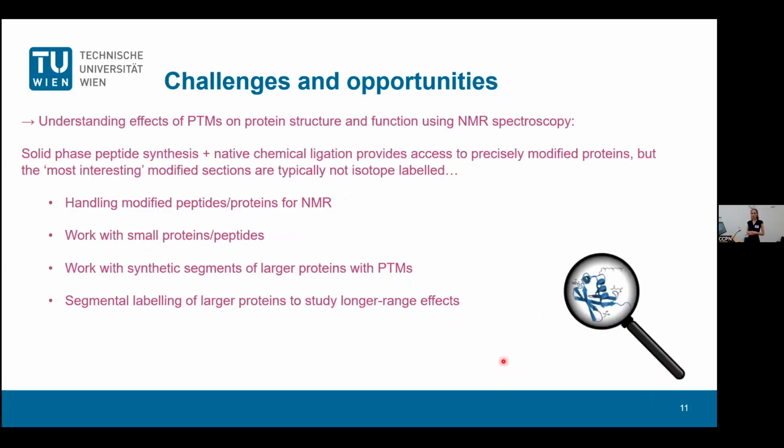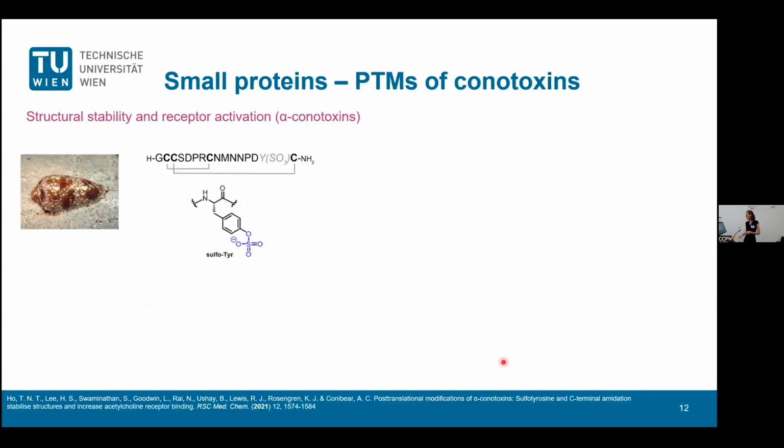The other option, now that we've got some tools for handling these, is simply to work with small peptides. And these are actually quite fun to work with. One example that I worked with is the small conotoxin. This is a toxin produced by these cone snails that live on the Great Barrier Reef in Australia. And they produce these toxins that are very highly modified.